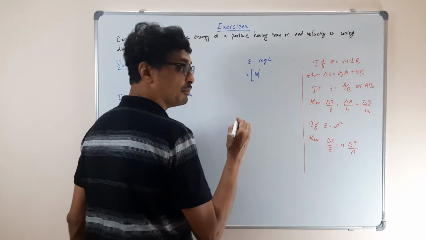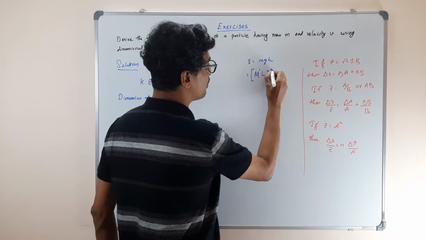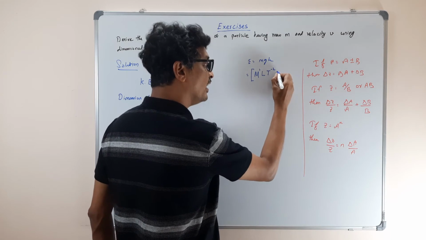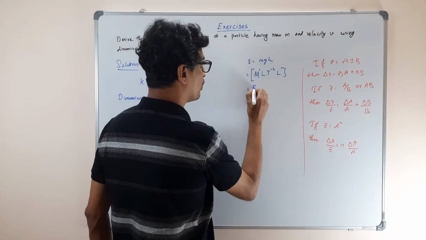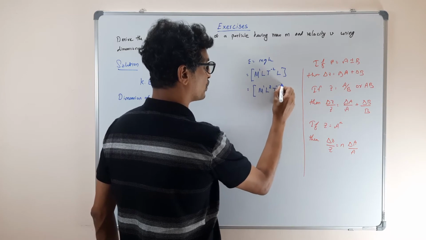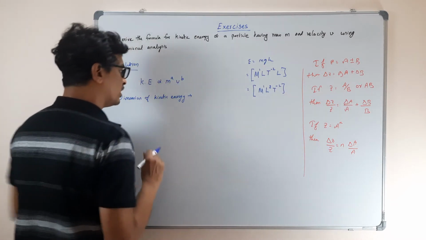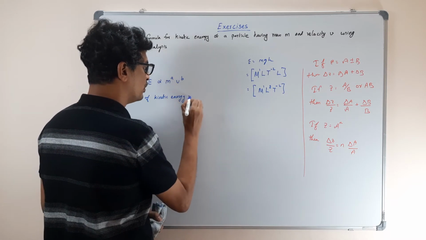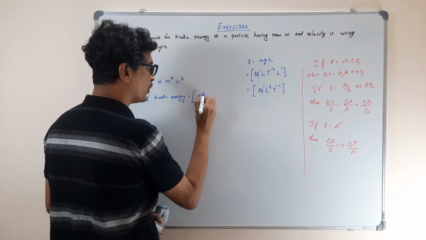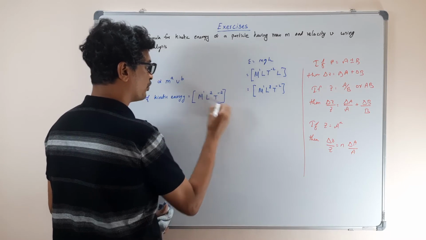So that means meter per second square, so L and T power minus 2, and height is again L, correct? So this will be M1 L2 T power minus 2. So the dimension of kinetic energy will be equal to M power 1, L power 2 and T power minus 2.